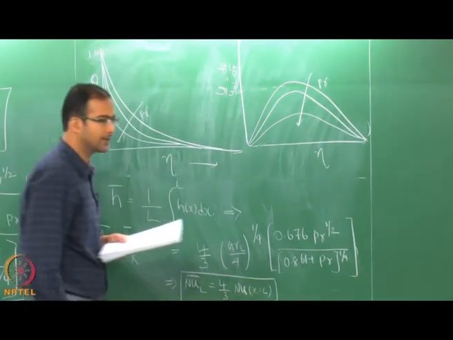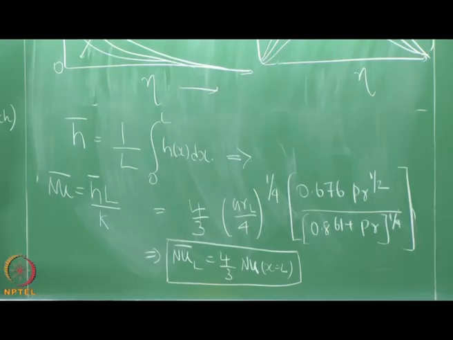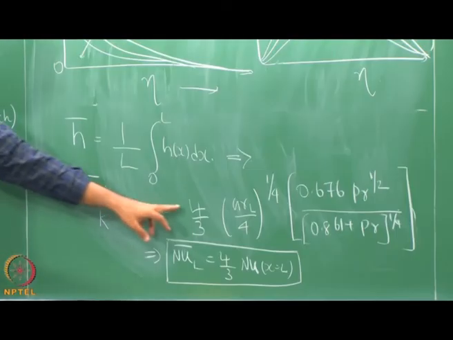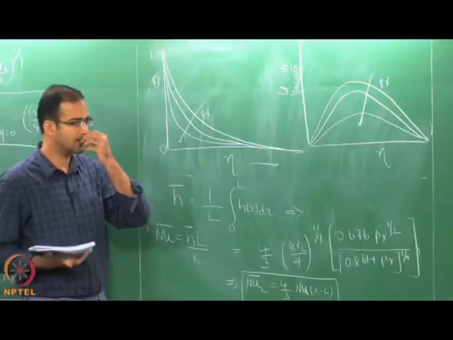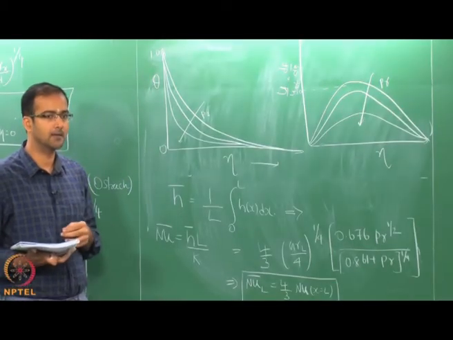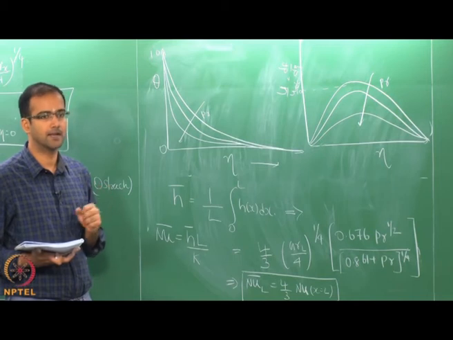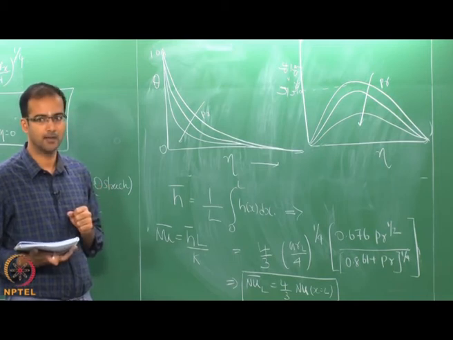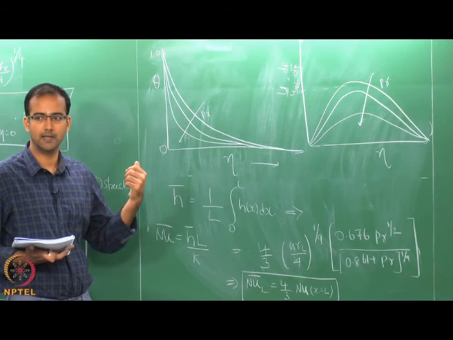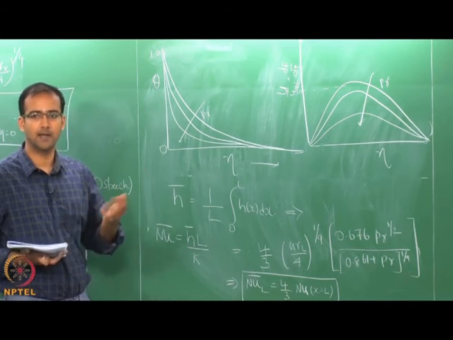So, if you complete this exercise, you will find that you will have 4 by 3 into Grashof number. Now, this Grashof number will be defined based on the plate length. Okay. After you evaluate the integral, you will convert all your x into L. Okay.